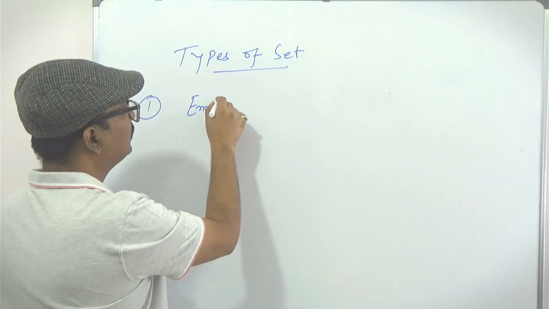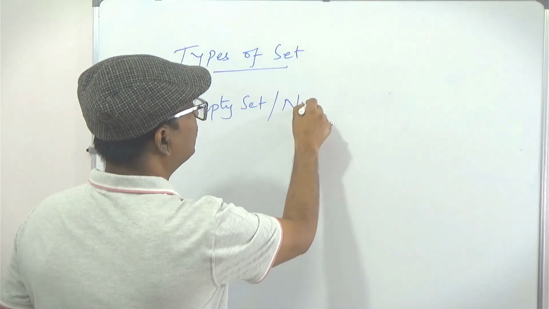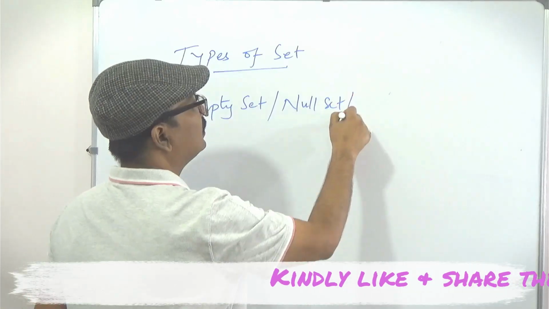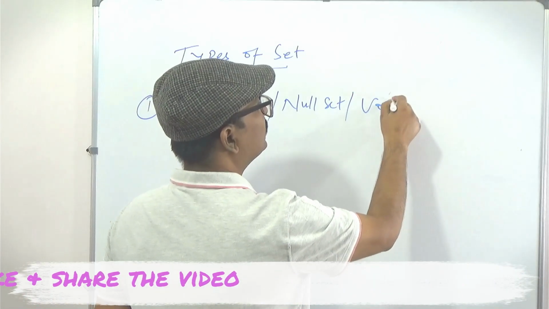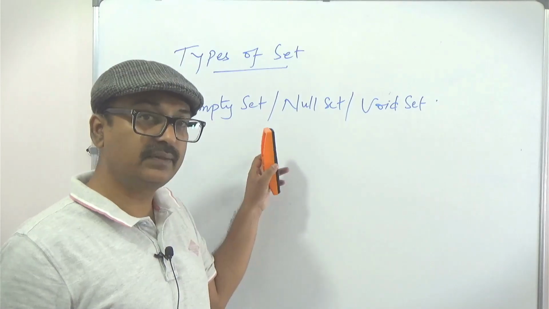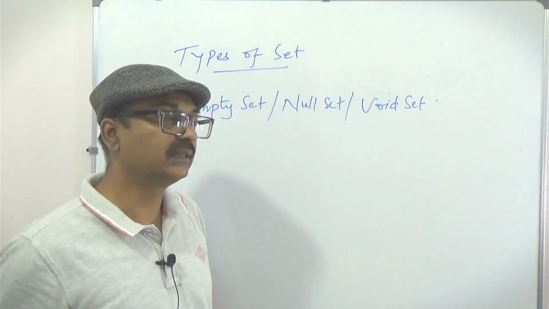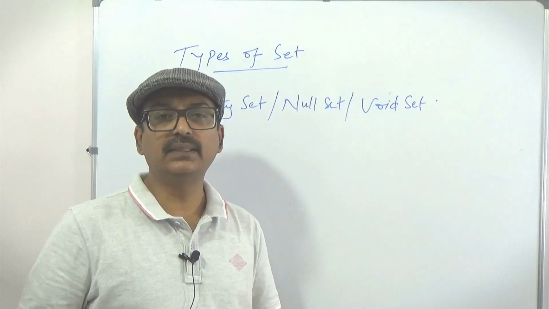Empty set. Also it is called null set or void set. From the name itself, it is clear that a set which is empty is an empty set. What is the meaning of this? Okay, let's see an example.